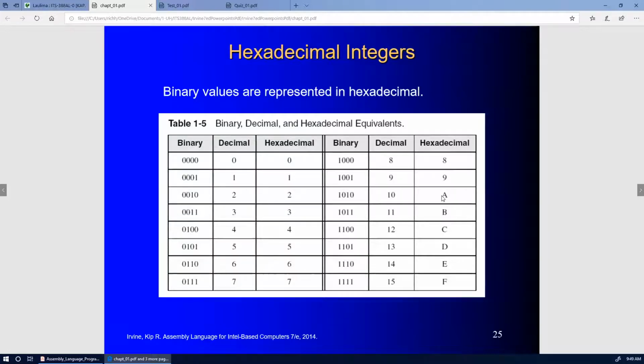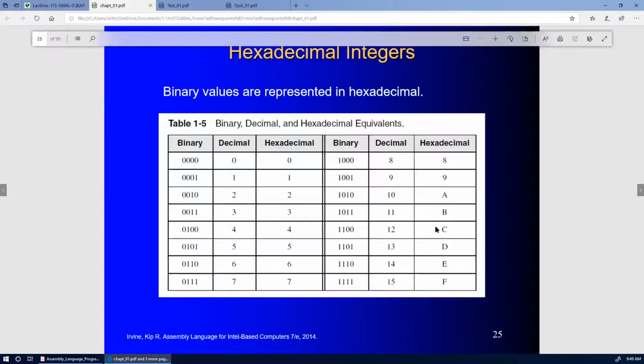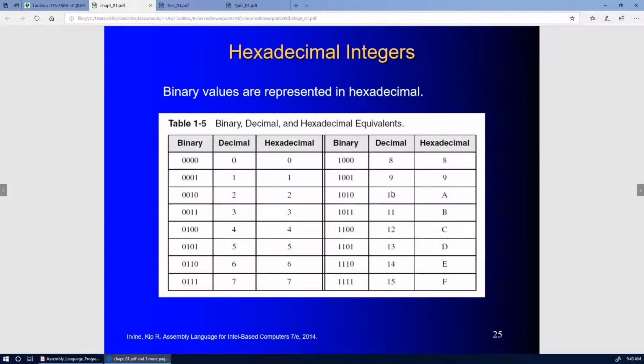And so all you have to do is remember that B is 1011, C is 1100, with D, E, and F, and you can remember those in your head or figure them out. And that's how you translate back and forth between binary and hexadecimal. And then once you have hexadecimal, you can translate to decimal.